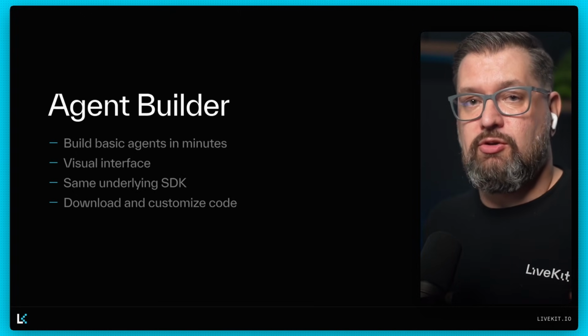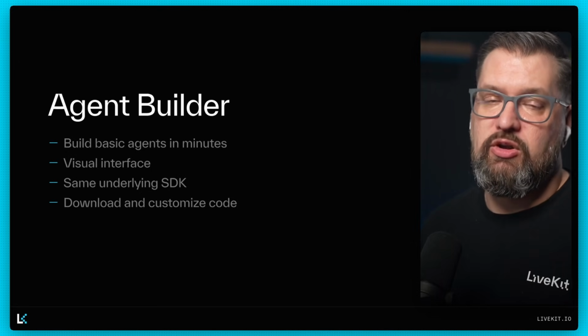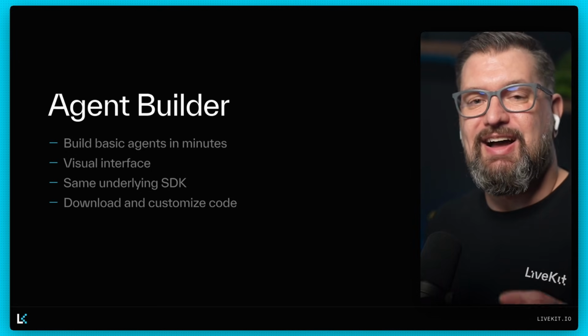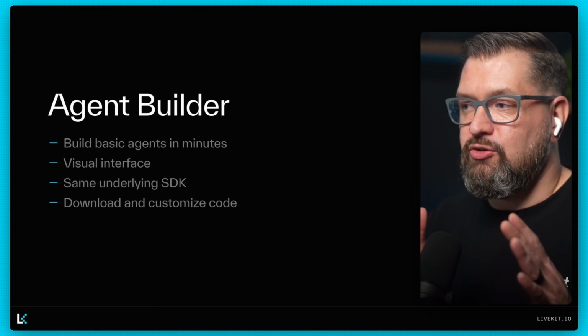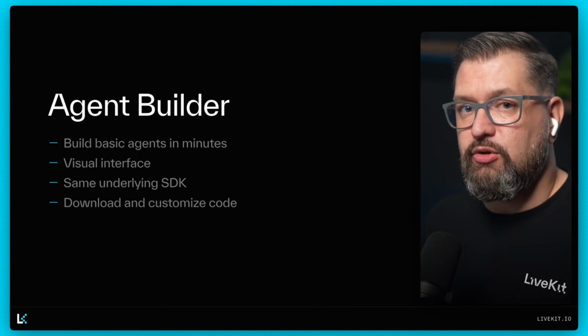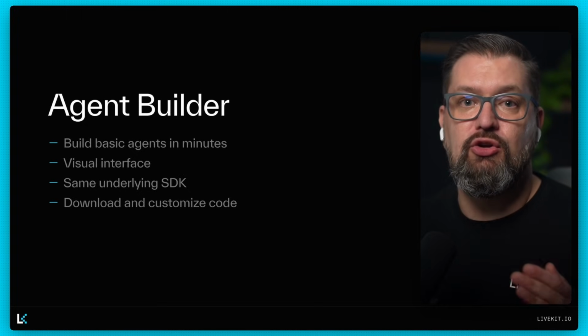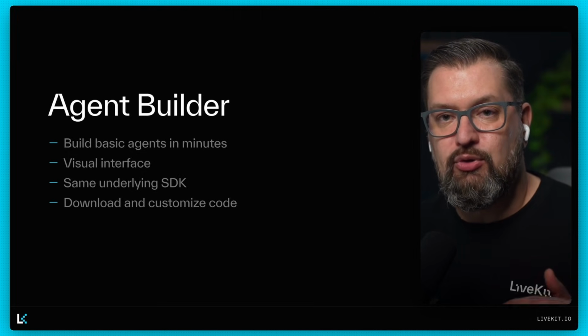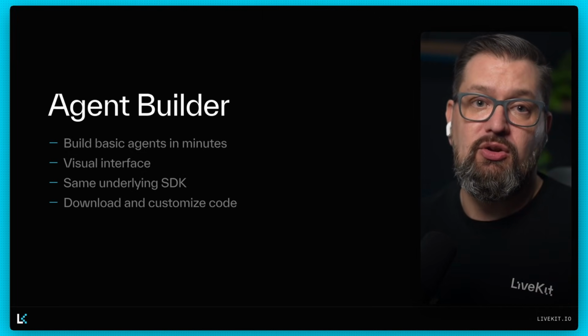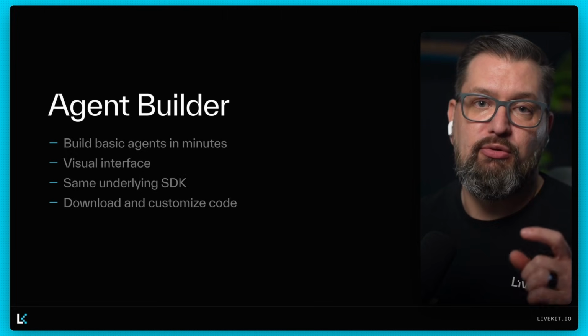Now, why didn't we just start with Agent Builder? Well, it would have been much easier, yes, but I wanted you to see exactly how to start from scratch. Agent Builder can get you up and running quickly. Beyond the basics, you can also configure tools directly in the Builder interface and test your agent with a built-in test interface before deploying.